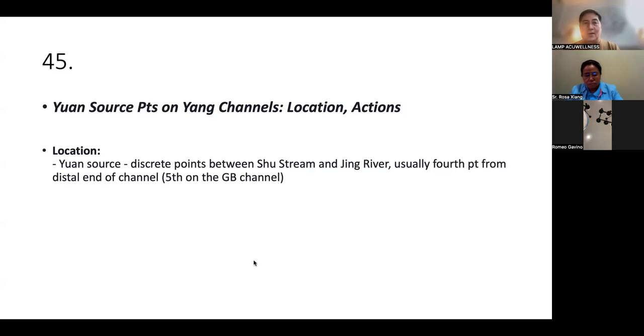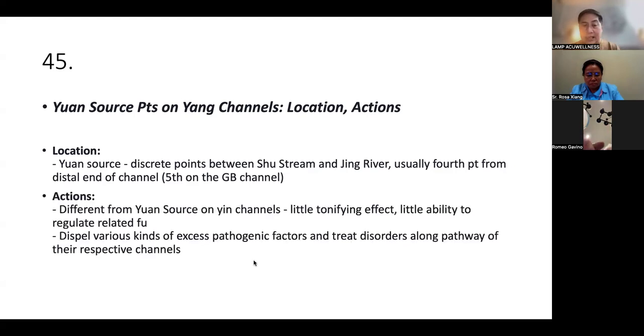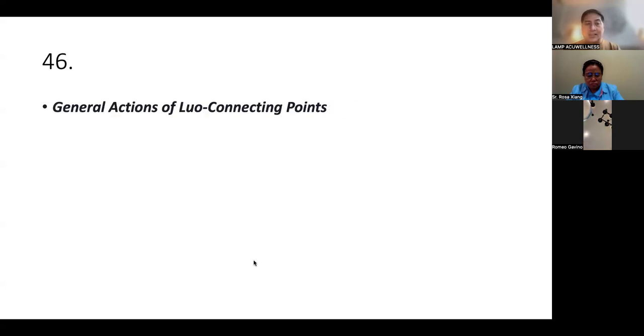This time we go to the action. I think for the Yuan-Source, the tonifying effect. Okay, this is more about eliminating the pathogenic factors. So they do not have that much tonifying effect on the fu, on the yang organs, right?